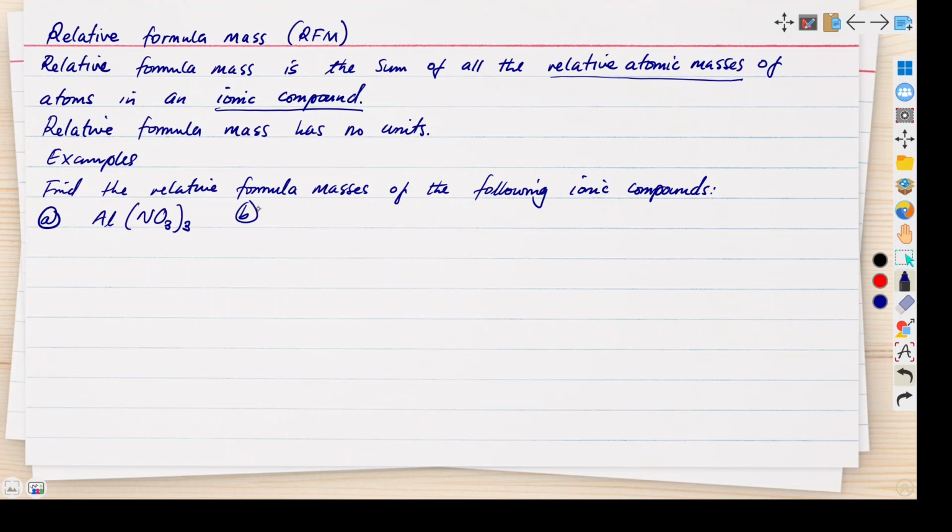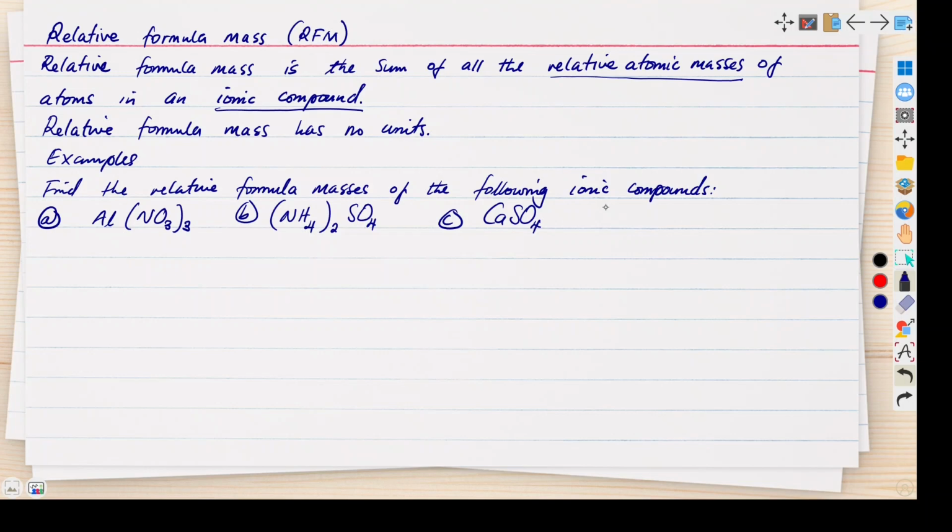Then B, you have ammonium sulfate, like this, with SO4. Then you have C, calcium sulfate, like Ca, then SO4.